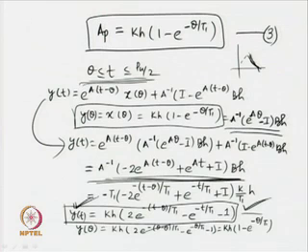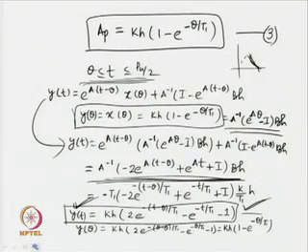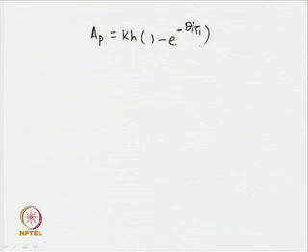Then finally, what we have obtained? We have obtained two analytical expressions. So, what are those two analytical expressions? A p is equal to K h (1 minus e to the power minus theta by T1).